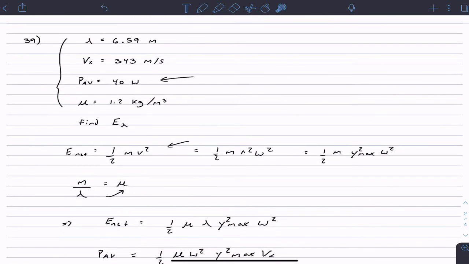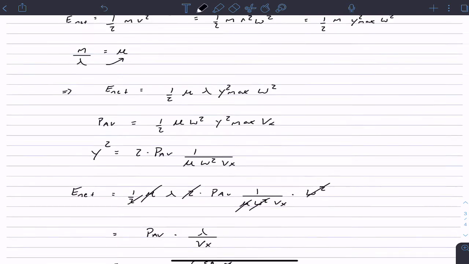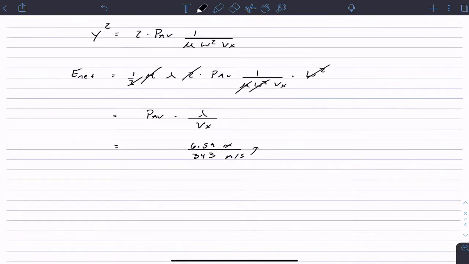So we have 659 meters over 343 meters per second. So those cancel, seconds go on top, right? Average power was 40 watts. So we multiply these values together and we end up with a value of 0.768.